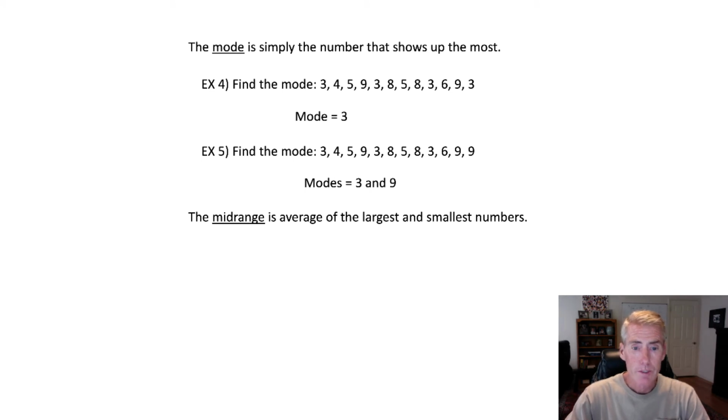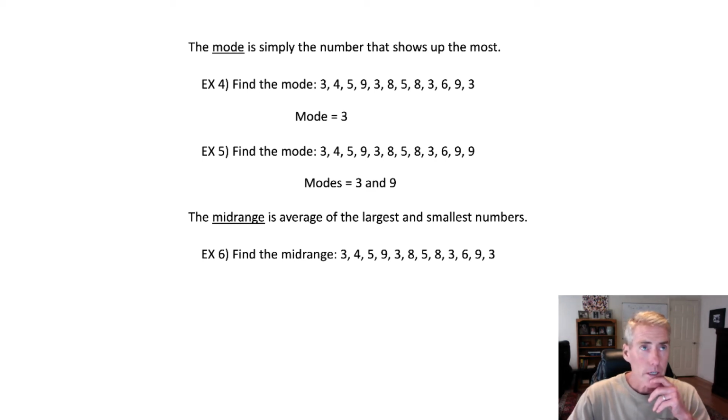Then on to what's called the mid-range. You just take the largest number and the smallest number, add them together and divide by 2. The mid-range isn't used very often, but it would basically be like if you knew that housing prices in a certain area went from 300,000, the cheapest, to 500,000, the most expensive.